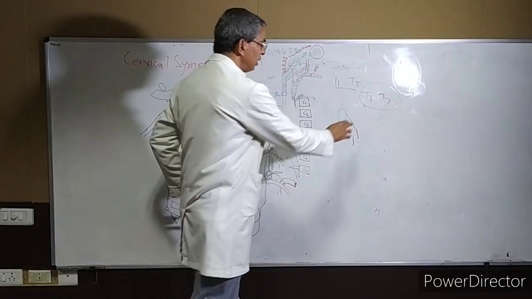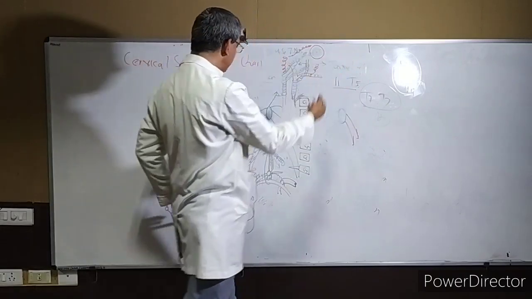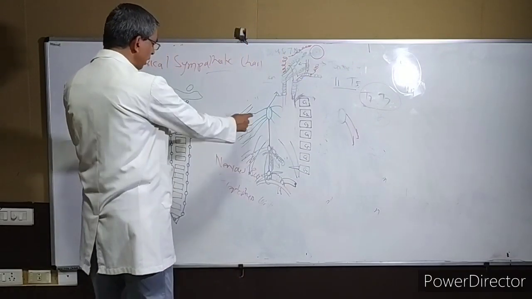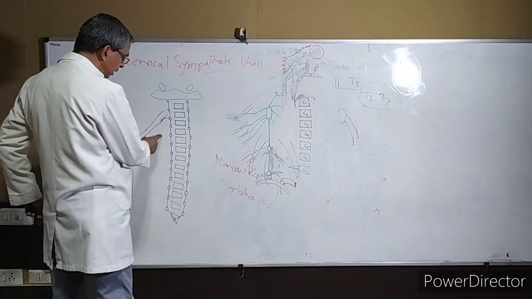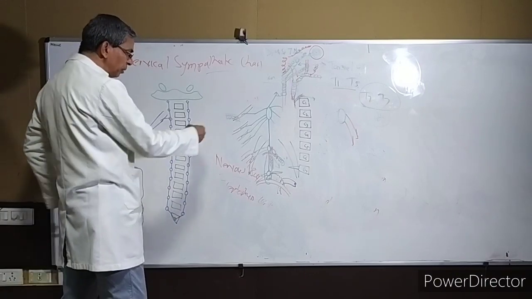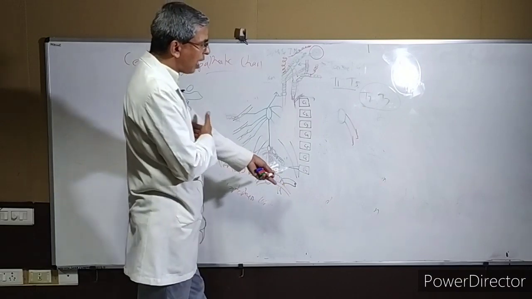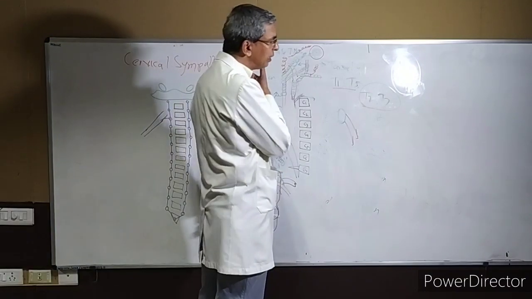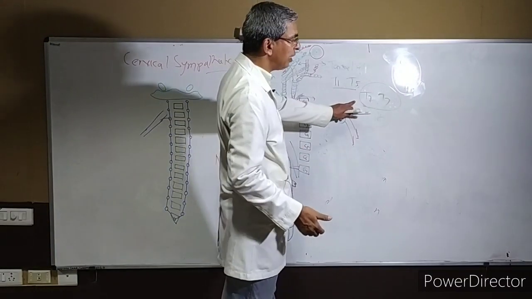These branches, when T2 to T7 ascend upward, a few branches pass through the segments of the C4, C5, C6 spinal nerves here. So these branches supply the medial side of the arm as well as the neck region. So that's why the referred pain occurs here.